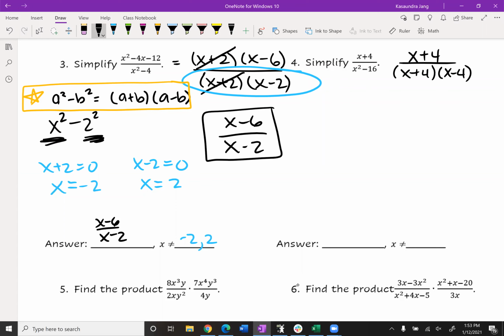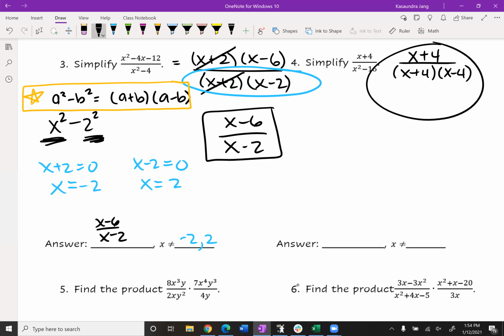Okay, so for simplifying, Siler, what do you do to simplify this? Do you see any common factors that I could divide out? So like an entire factor. The x itself is not considered a factor because it's not x times anything. The x plus 2 on this one, that divided out, that's true.